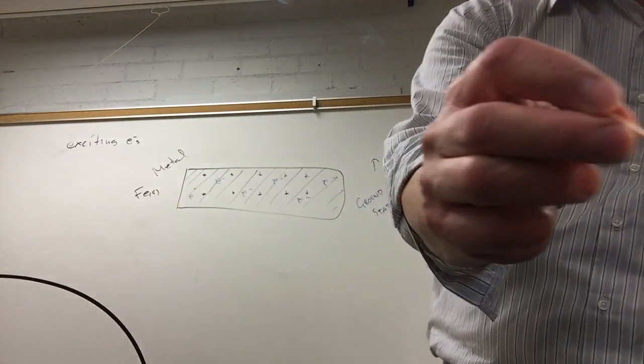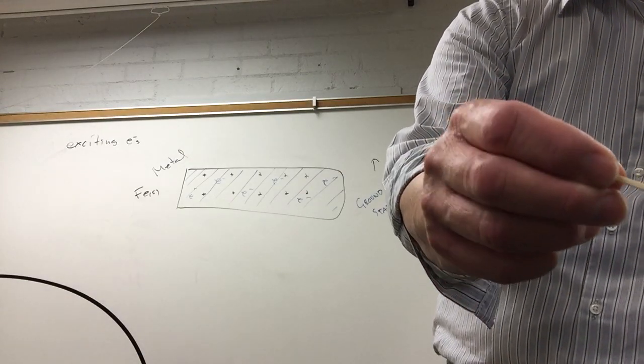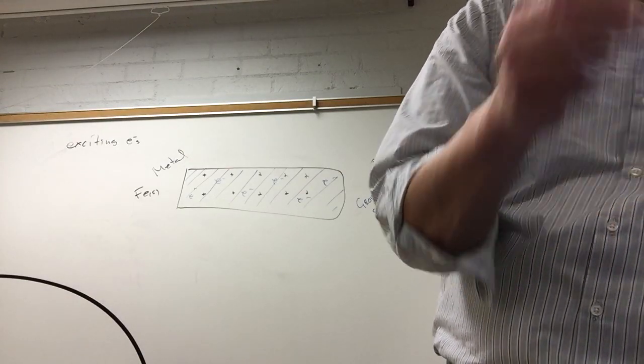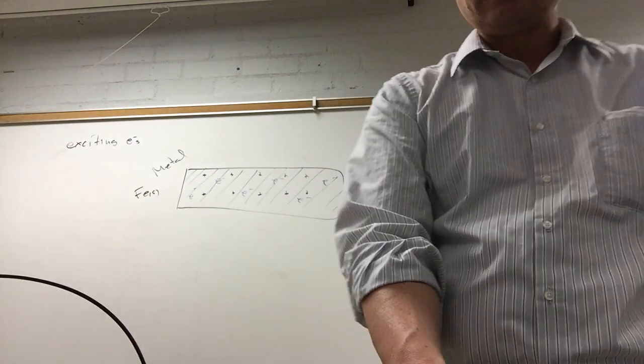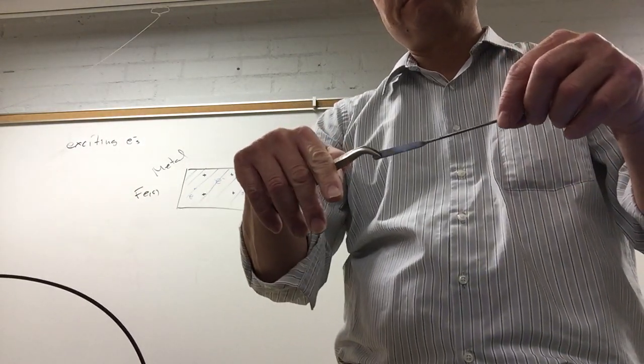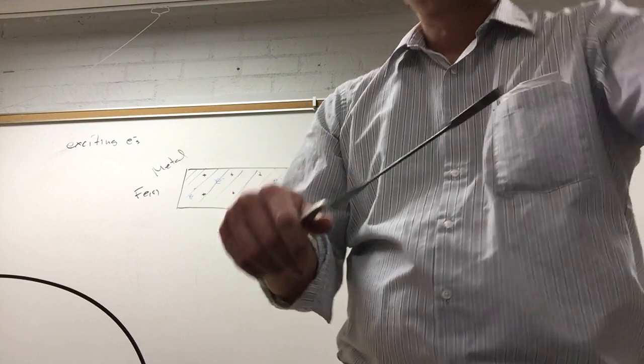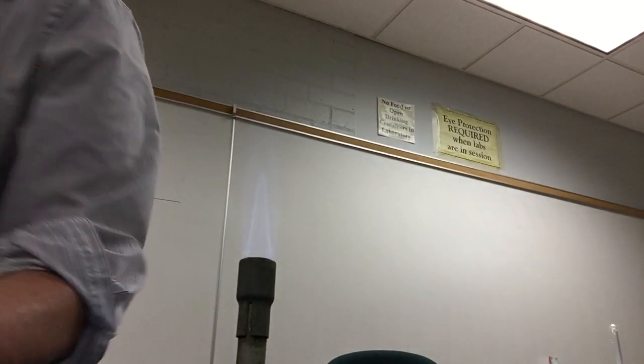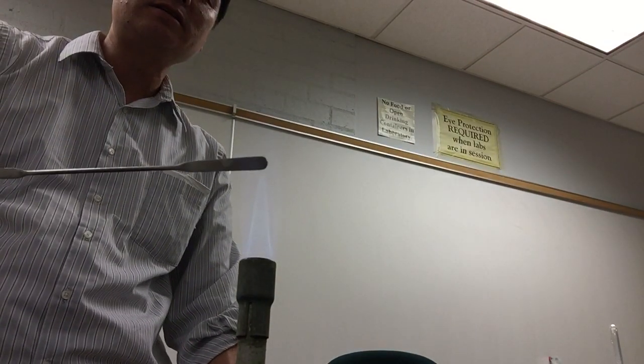Okay, so I'm going to use a flame to excite the electrons. And I have some stainless, which has a lot of iron in it. And so I'll start exciting the electrons here.